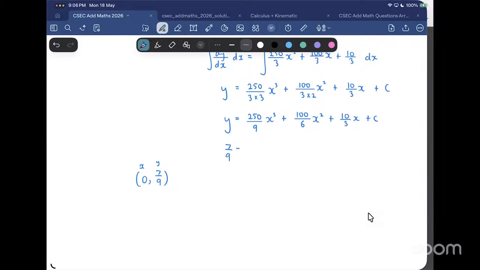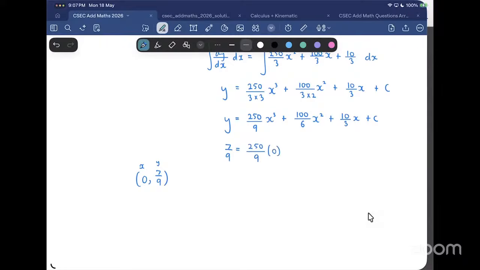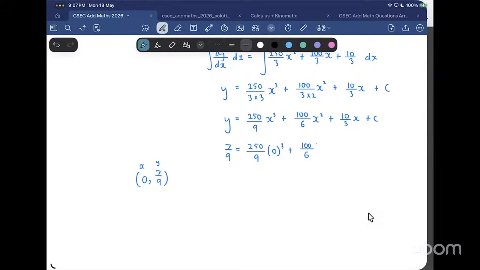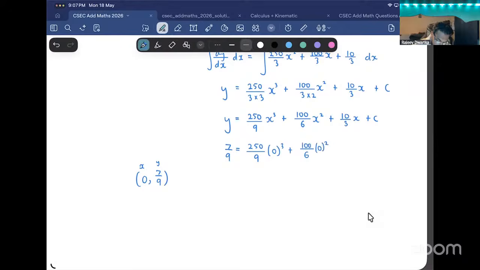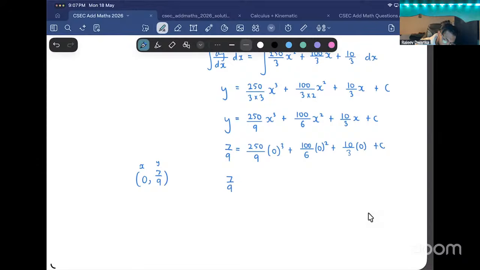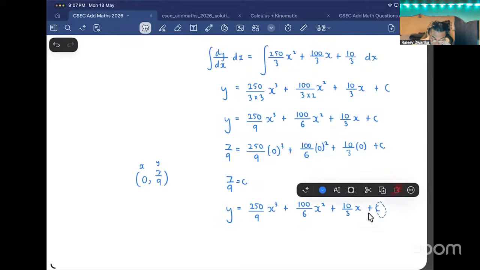Anywhere I see x, I can just write 0, but this is highly unnecessary, because anything multiplied by 0 will always be 0. And not just that, that's the y-intercept. That's already telling us what c is. So you're just going to get 7 over 9 is equal to c. So yeah, your answer is just going to be this plus 7 over 9.